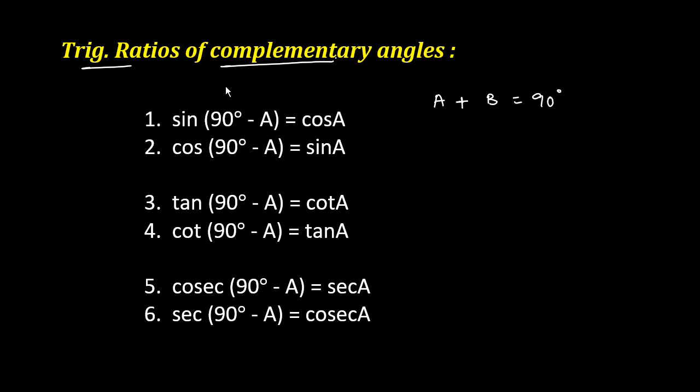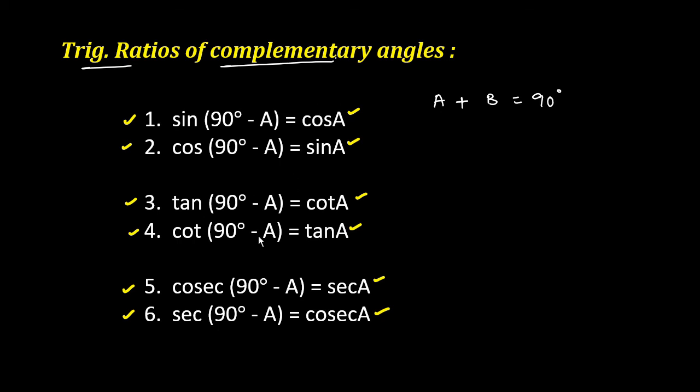Number 1, sine of 90 minus a is cos a, cos of 90 minus a is sin a, and tan of 90 minus a is cot a, cot of 90 minus a is tan a. Next, cosecant of 90 minus a gives secant a, secant of 90 minus a gives cosecant a.